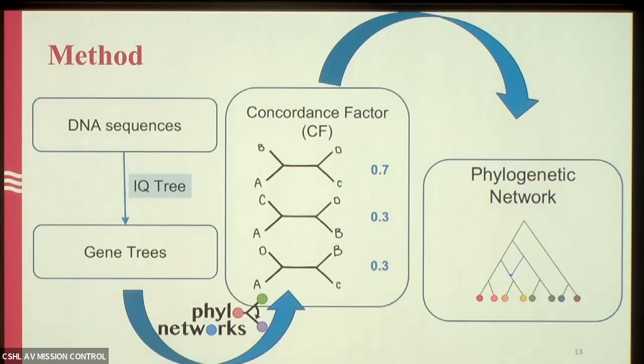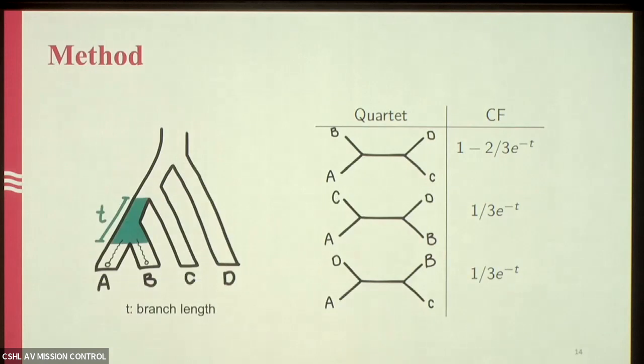So what exactly is a concordance factor? As I mentioned earlier, it is the split frequency of a 4-taxon subset. Imagine we have a 4-taxon subset A, B, C, and D. There are 3 possible splits: AB|CD, AC|BD, or AD|BC.